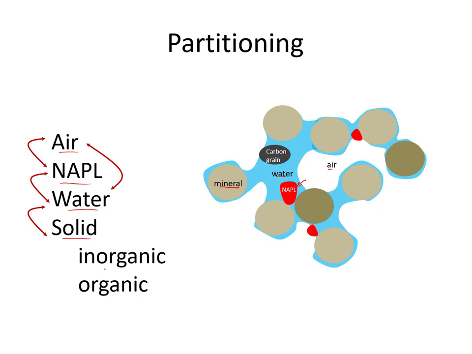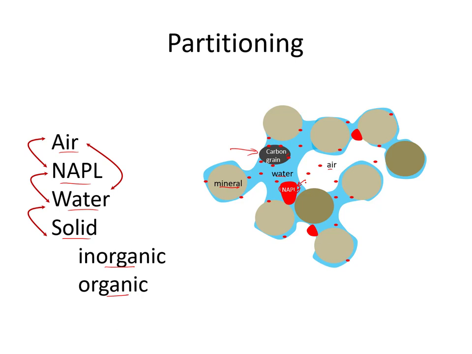And among the solid, we have the inorganic minerals and the organic grains here that I'm calling a carbon grain. And so the molecules that would be here as in a liquid phase as the NAPL, I'm drawing them now as these small red dots.